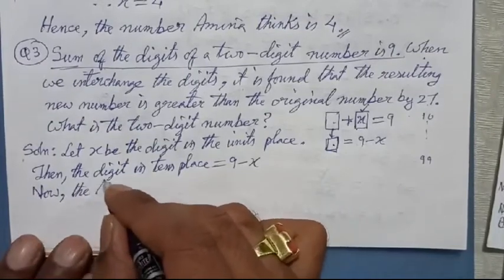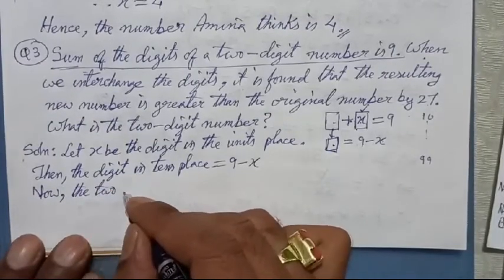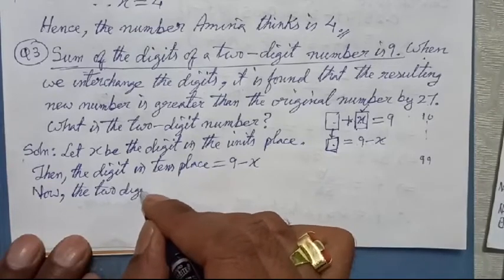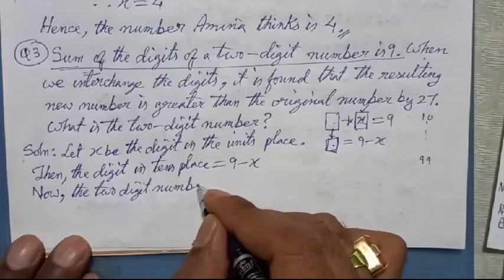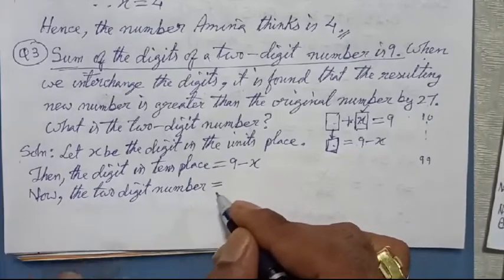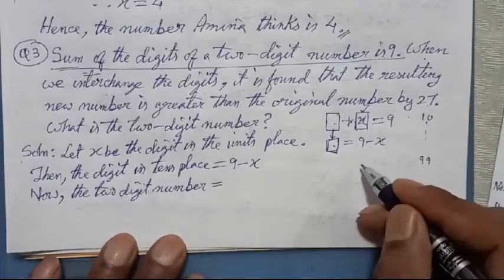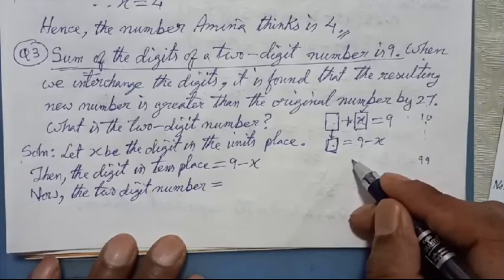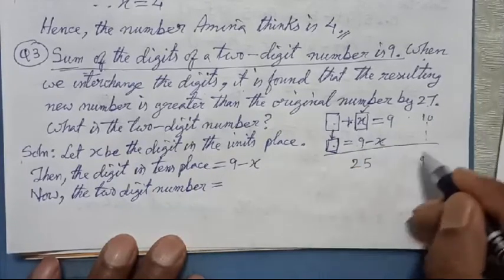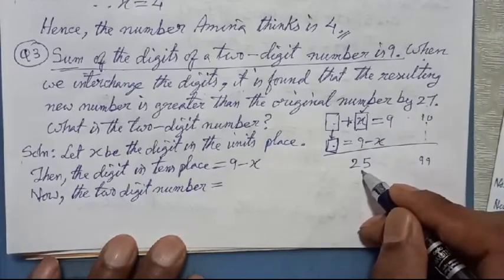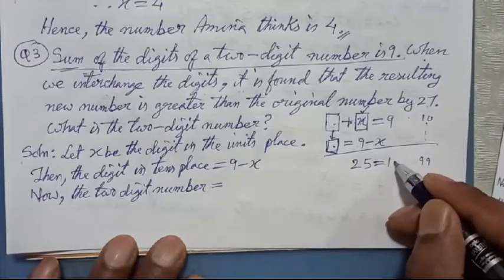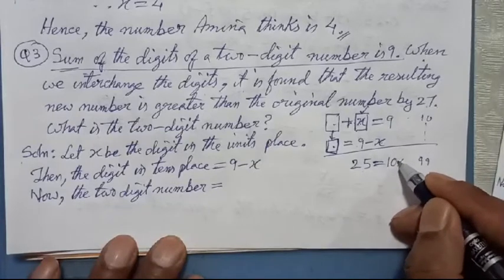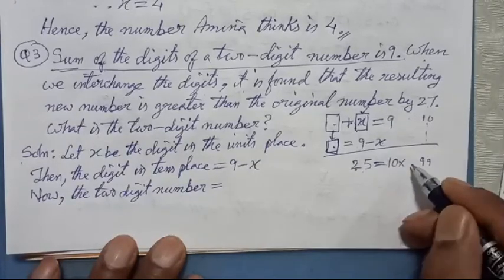Now the two-digit number is equal to, suppose 25. This 25, if we want to write in the expanded form, then 10 will multiply to the tens place digit, that means 2.